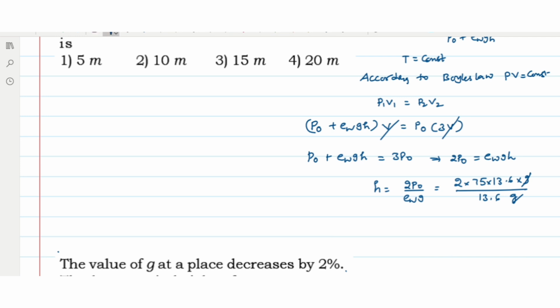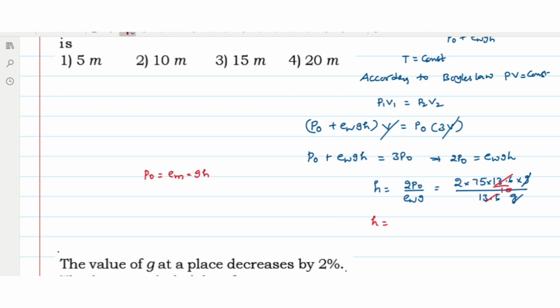So this value will be 13.6 by 10, when we substitute the density of the mercury by 10. Here you will get 13.6, and this 13.6 gets cancelled. Remember, P naught is density of the mercury into g into h.